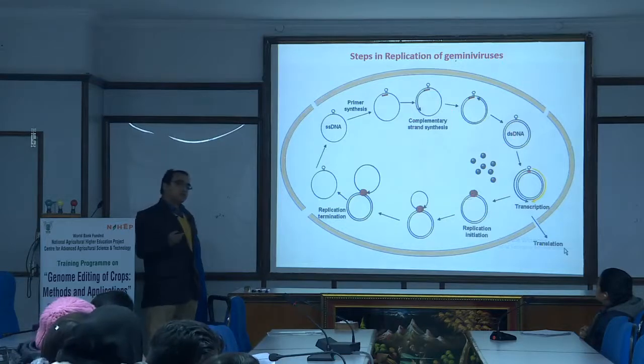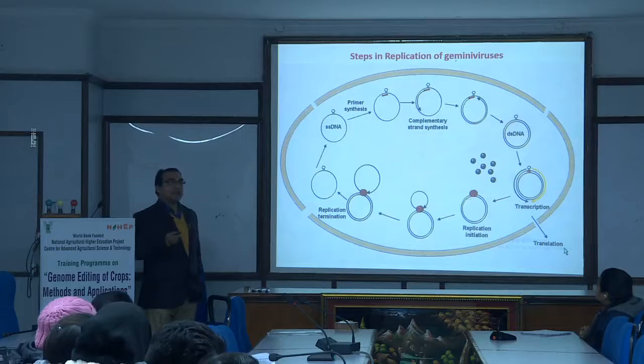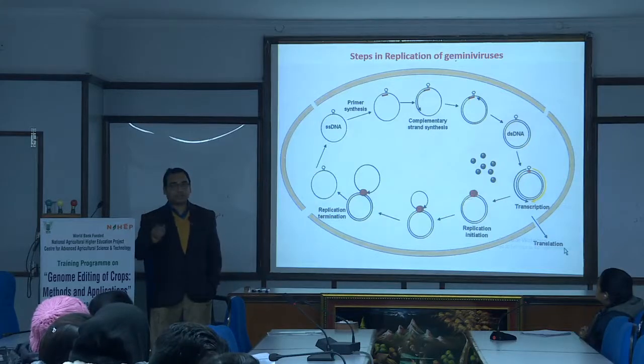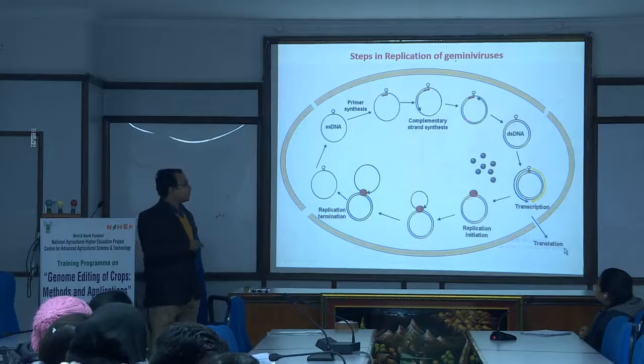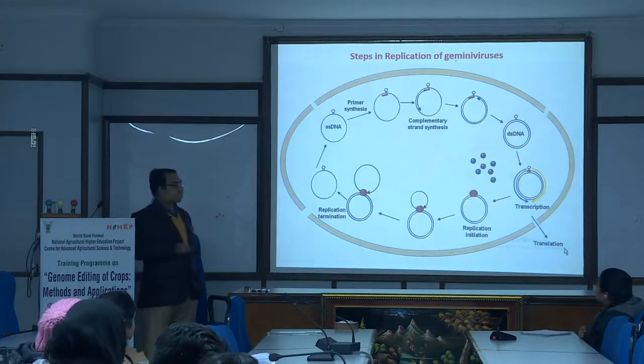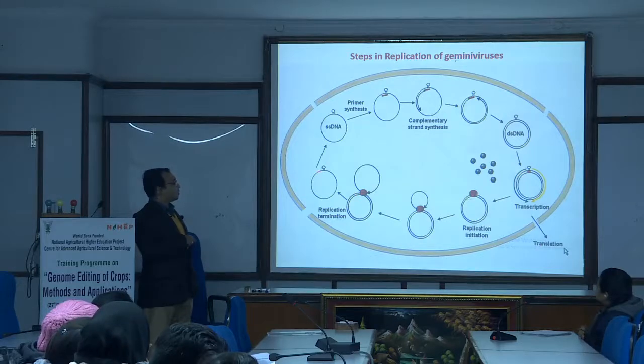So, always when you see the virus in the plant, you will get a double stranded DNA molecule, not a single stranded DNA. Then this double stranded DNA molecule undergoes transcription and produces proteins, those proteins come inside the nucleus again, and then they start replication of the virus. It follows a rolling circle replication model, so from this double stranded form a single stranded molecule is produced.